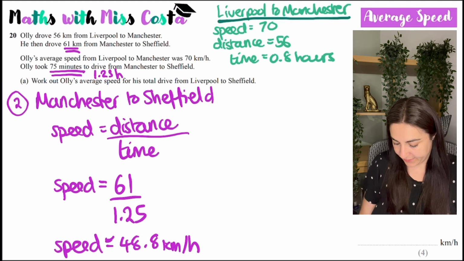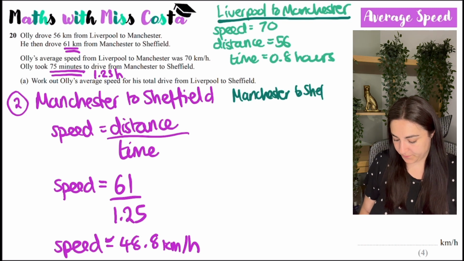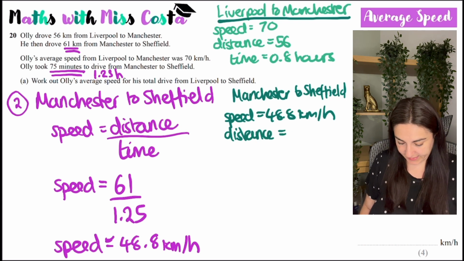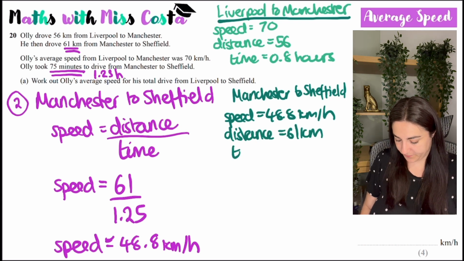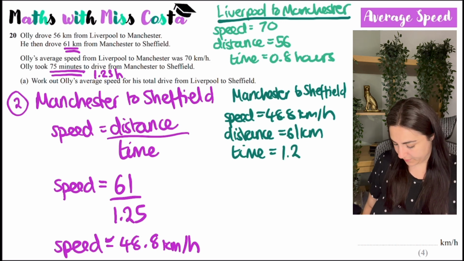So I've got all of this information, and now I need to work out, I'll just write it here. So that's Liverpool to Manchester, and then I've got Manchester to Sheffield, where the speed is 48.8 kilometers per hour. Distance is 61 kilometers, and the time is, what did I say, 75 divided by 60 is 1.25.